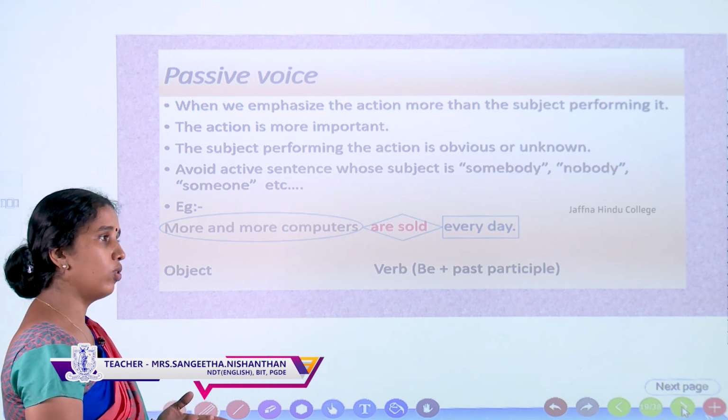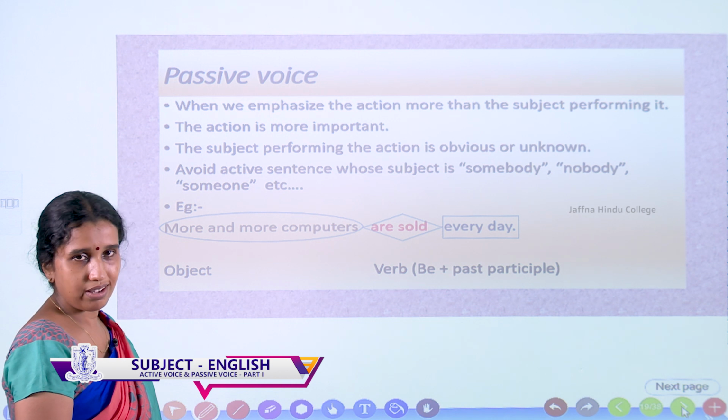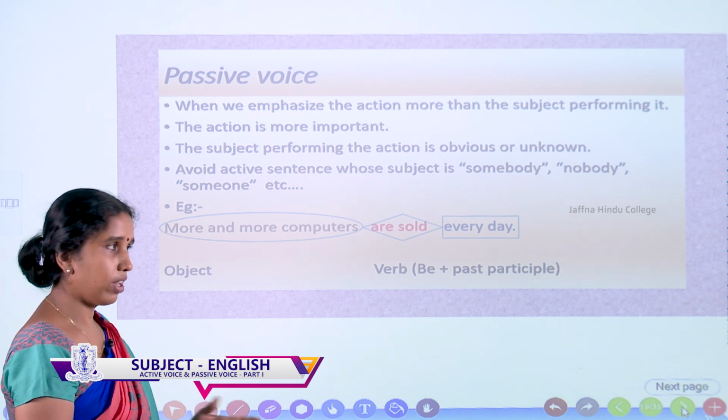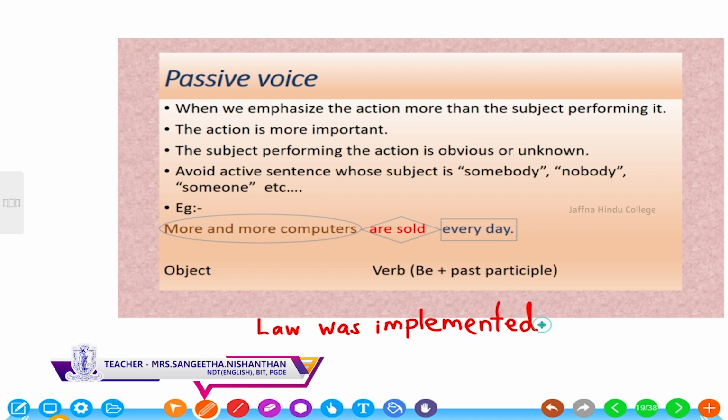Sometimes we don't know the doer, or sometimes the doer is obviously known, but it is not important. For example, the law was implemented.